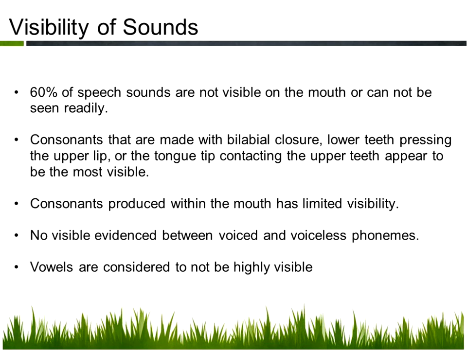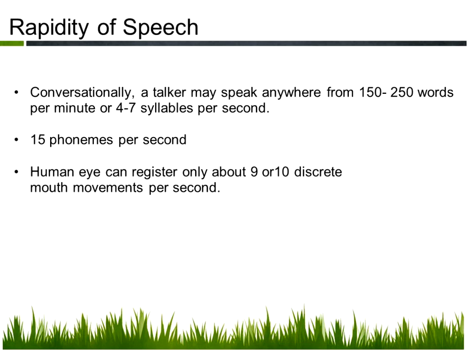There's obviously no difference visibly between voiced and voiceless phonemes. So, p and b, t and d, k and g, s and z look exactly the same. And the vowels are mostly interior sounds. Now you do get some lip spreading with E, lip rounding with the back vowel, open mouth with the low back vowel like ah, but mostly they're interior.